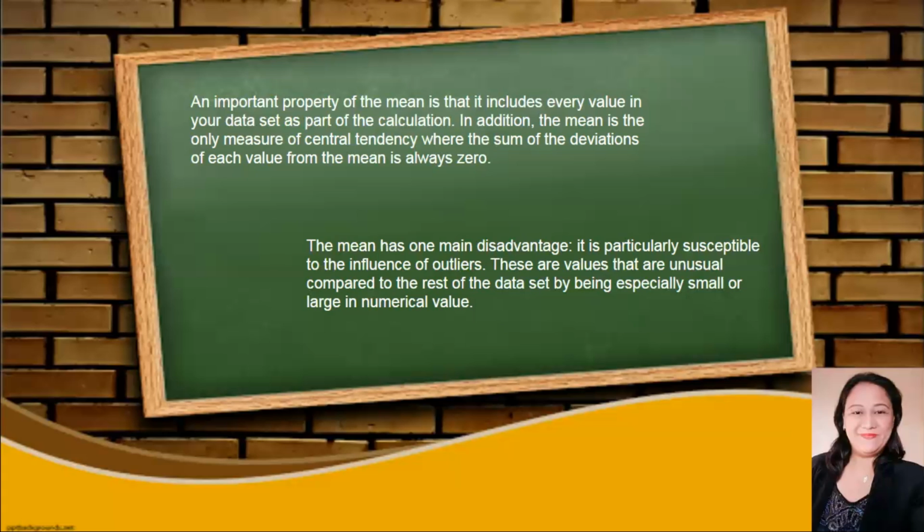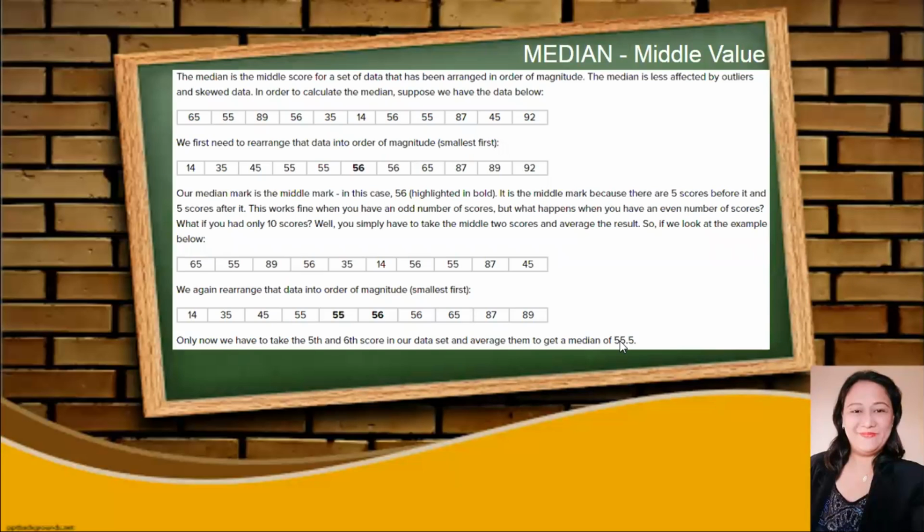Ibig sabihin, hahatakin nung 8 naka-0 na yon yung mean value ninyo pababa. Therefore, kung hinatak niya pababa, hindi na iyon ang central tendency niya or hindi na iyon ang central value niya kasi nahatak siya pababa. Next is the median.